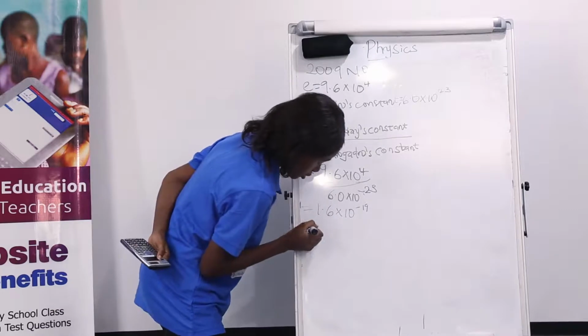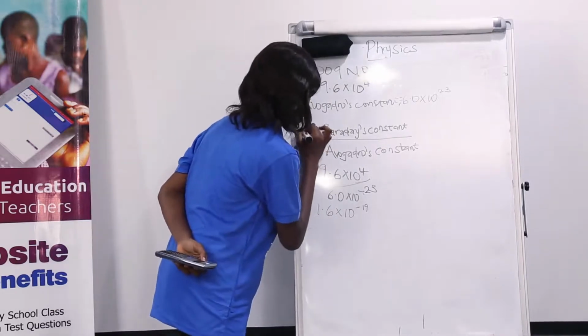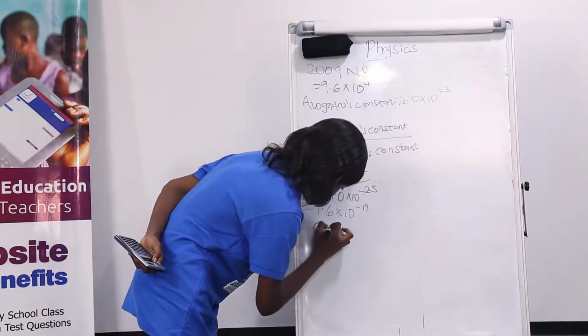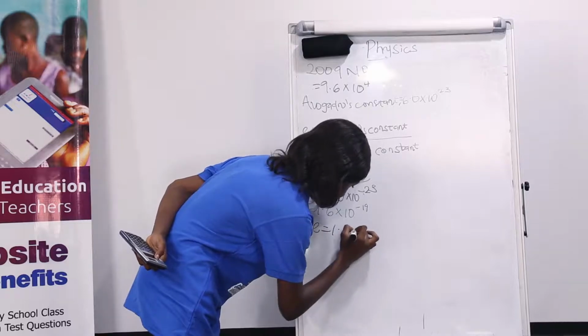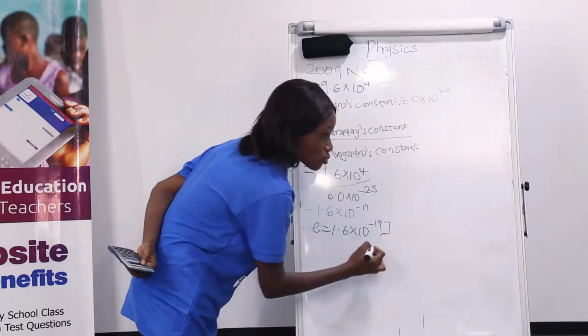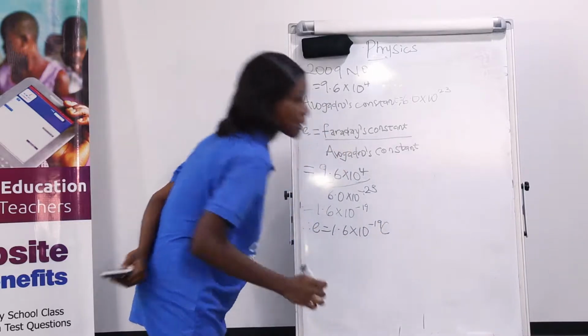Therefore, the value of the electronic charge, given as e, is equal to 1.6 times 10 raised to the power minus 19 coulombs.